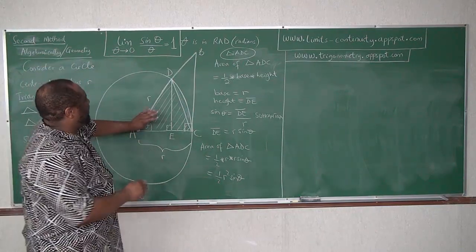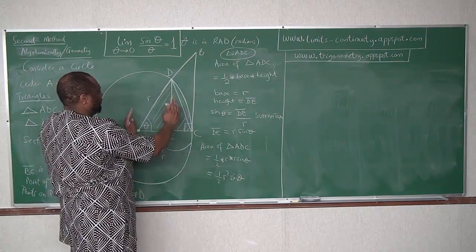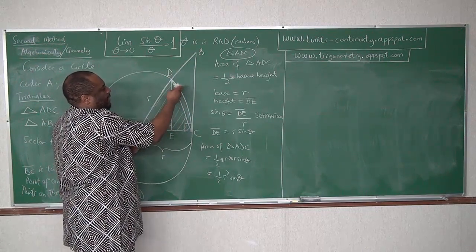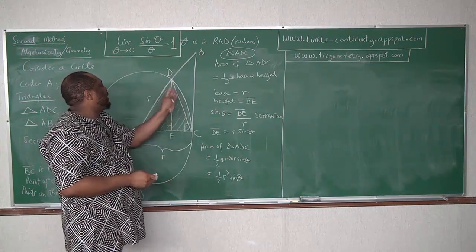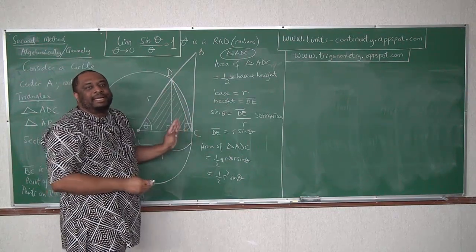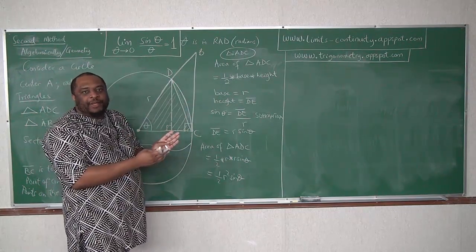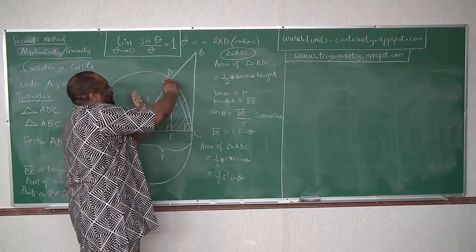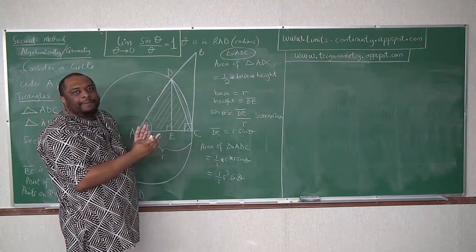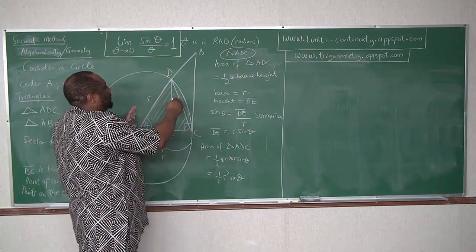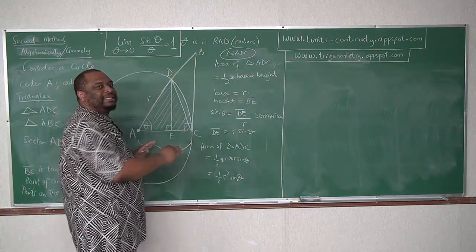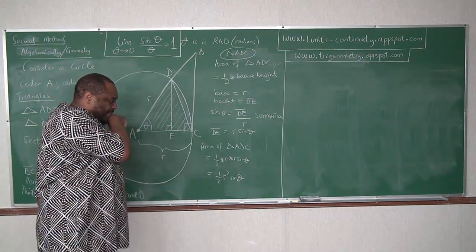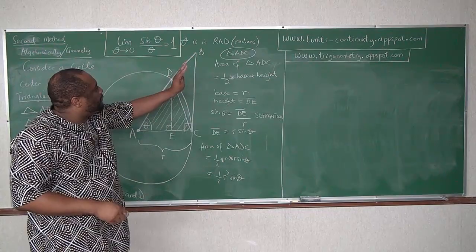The sector includes this: you have the area of the triangle plus this segment, and that gives you the area of the sector. So the area of triangle ADC is less than the area of sector ADC, and then it's less than the area of triangle ABC. And then from there we can do something here.